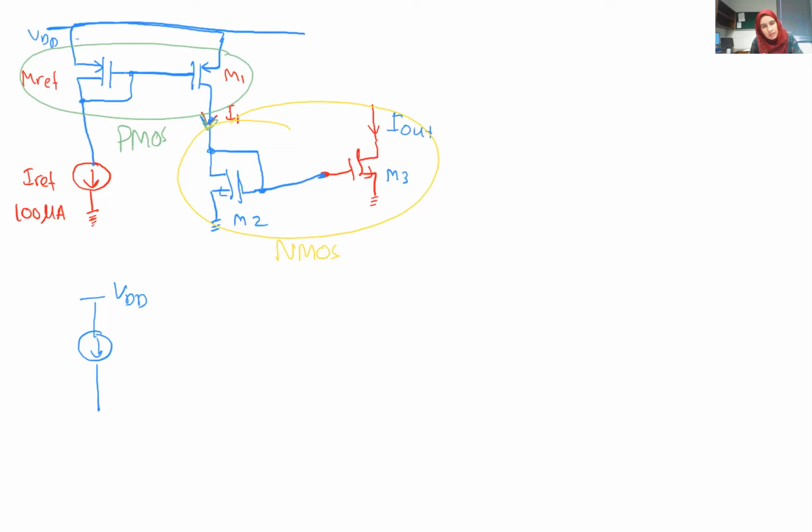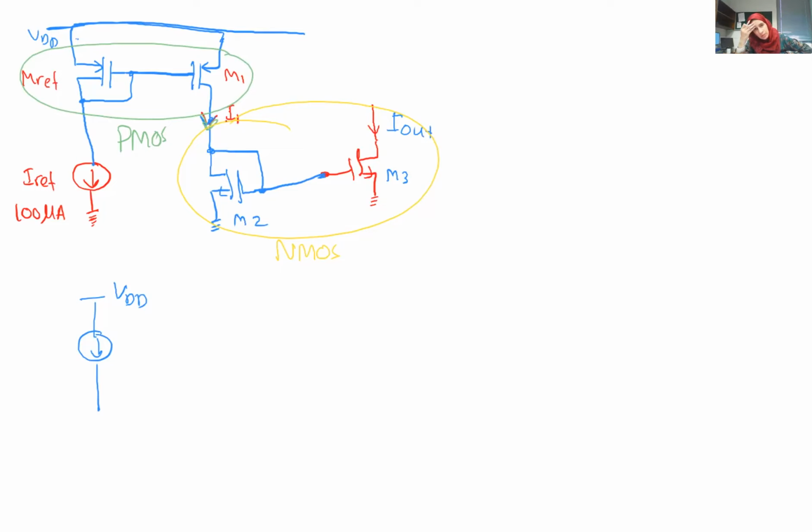Okay, is that clear? Jamshed, did you get it or not yet? Yes, okay, good. So a current mirror allows us to copy the current from the diode connected side into the other, normal side, the current source. So we copy IREF from MREF into I1, and from I1 into I out.